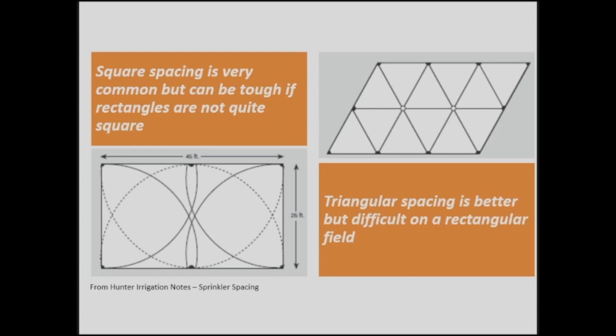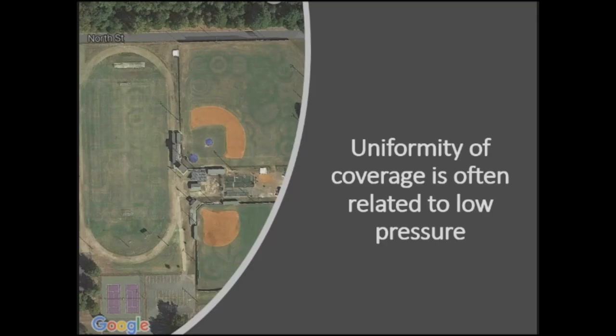Or at least consulting a professional based on what kind of field we have. It's going to be different. Like you said, spacing is the biggest thing. And so, uniformity of coverage is often related to low pressure, generally.